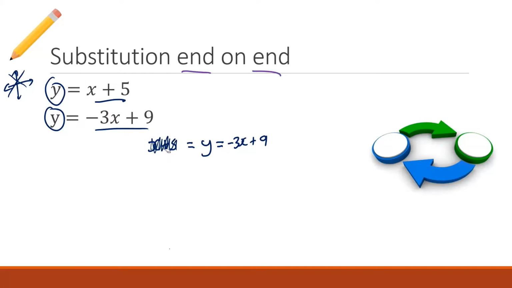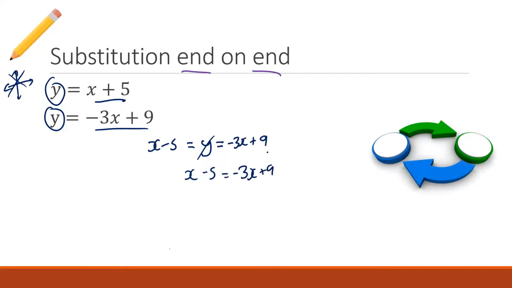If I cover up this second part, there's the second equation. Now, if they both equal y, I can actually just cancel that out: x plus 5 equals negative 3x plus 9.